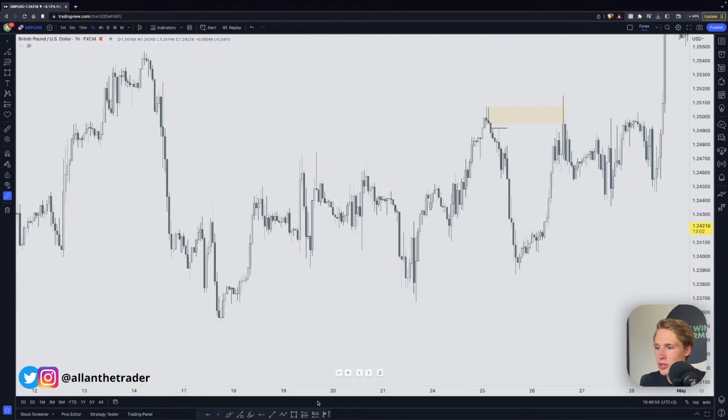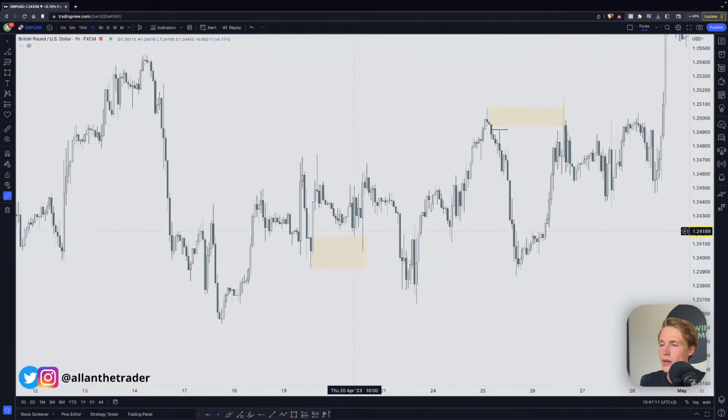Another example is this. Let's see. This is not really a big rapid price movement, but as you can see, it works in smaller movements as well.